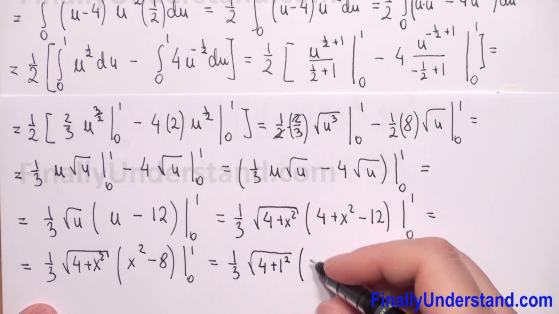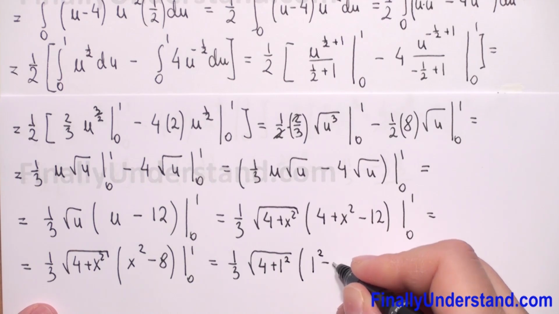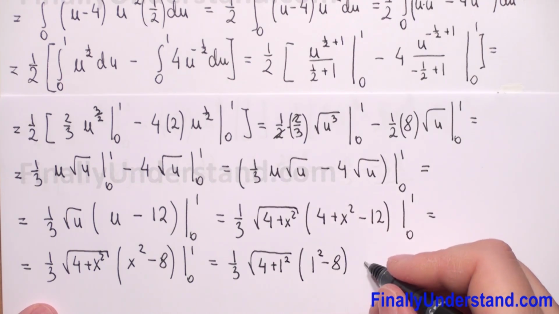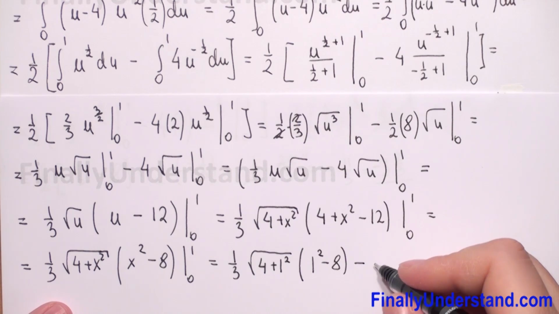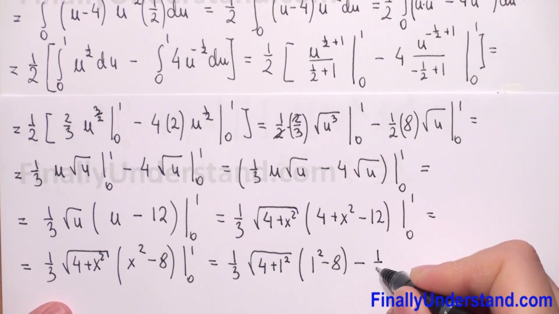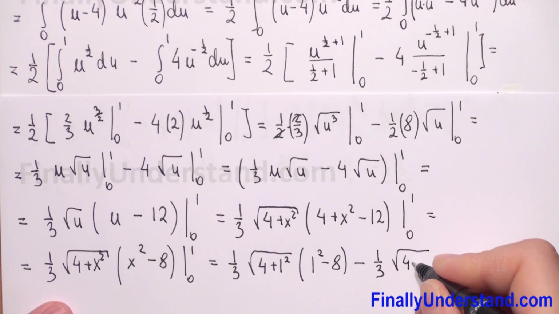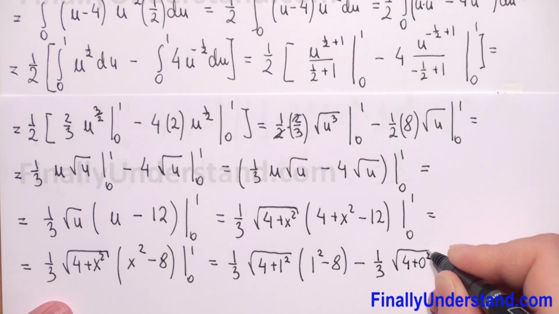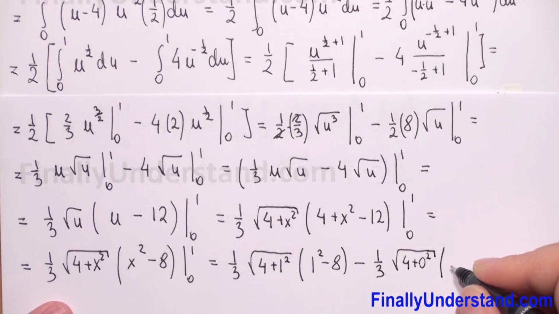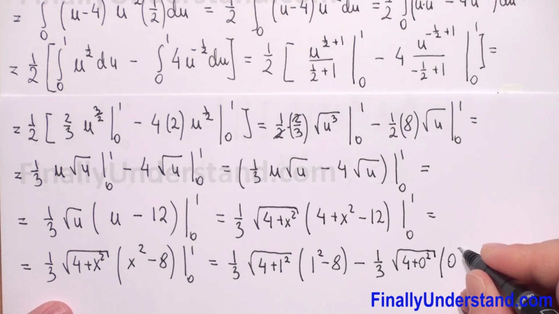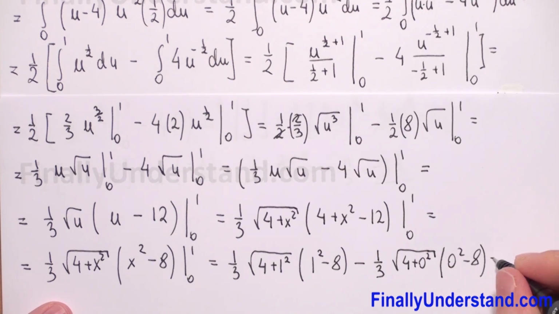Now we can plug in the upper limit first, so it will be 1/3 square root of 4 plus 1 squared, and in parentheses we have 1 squared minus 8, and we have to subtract the lower limit, so it will be minus 1/3 square root of 4 plus 0 squared, and in parentheses 0 squared minus 8. So this is equal.